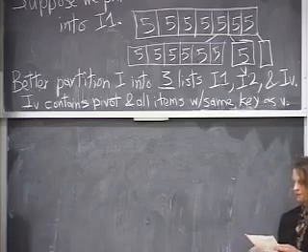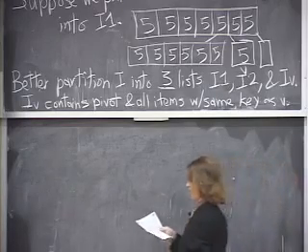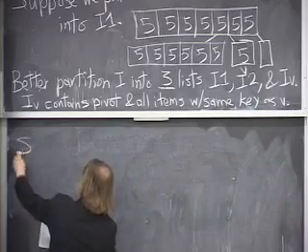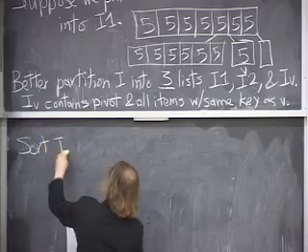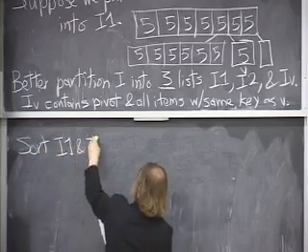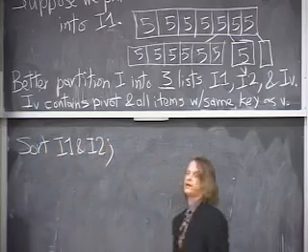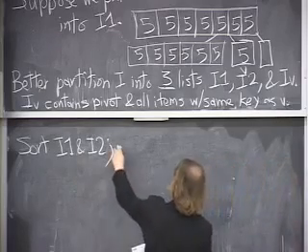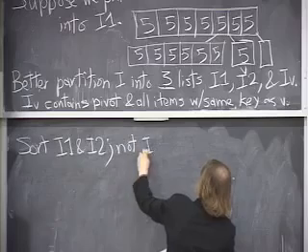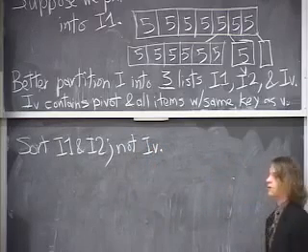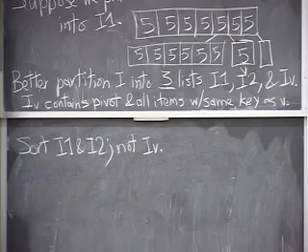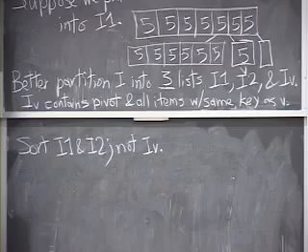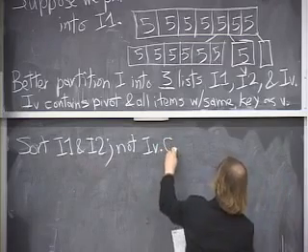Now, once we've done that, we can recursively sort I1 and I2 as usual. But there is no need to sort IV. All the keys are the same. And once we've recursively sorted I1 and I2, yielding lists S1 and S2 that are sorted, then we just concatenate the three lists together.